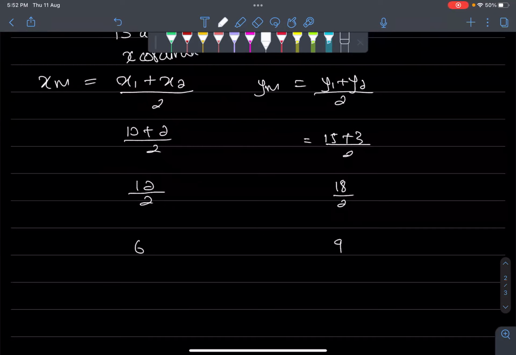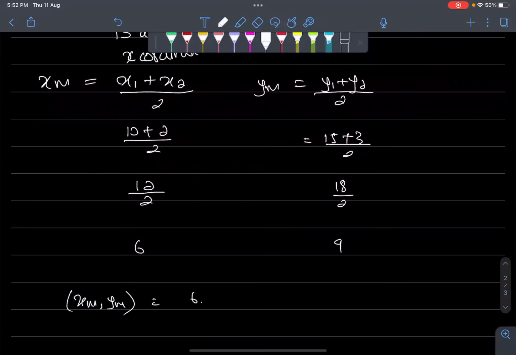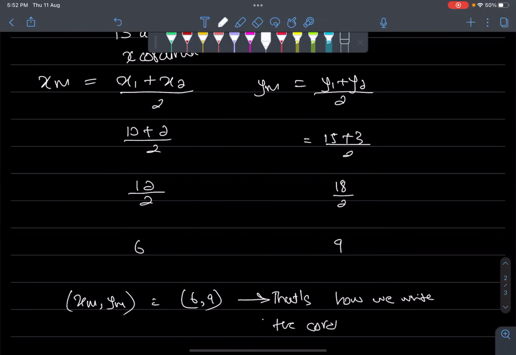Final answer will be given like this. The midpoint xm comma ym is equal to 6 comma 9. Because that's how we write the coordinate. Although I have done separate working, the final answer must be given in coordinate form.